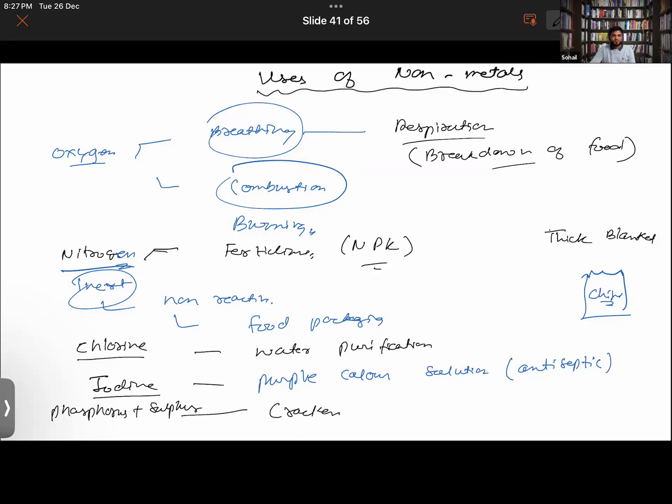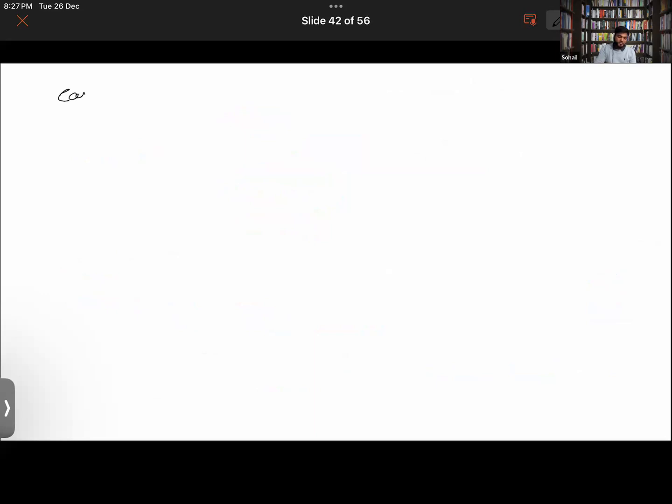Also, one of the most commonly found nonmetals in nature is carbon, basically. Carbon acts as a fuel, and there are different forms of carbon available in nature, like coal or coke.